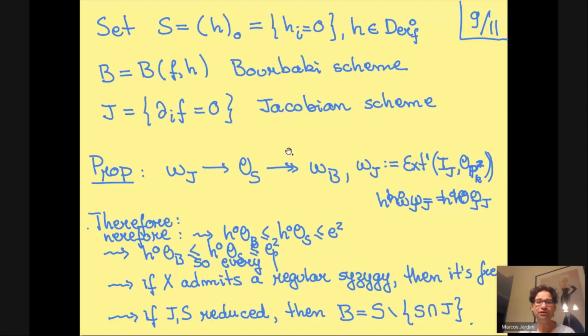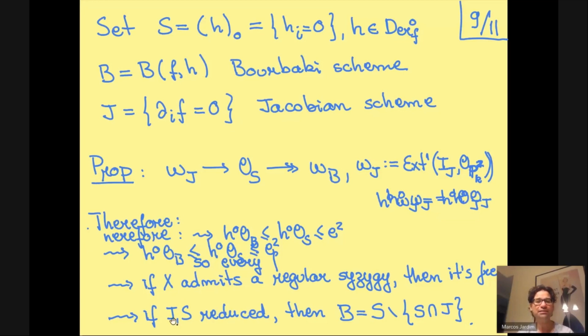And from this formula here, since B is always contained in S, this means that if the curve admits a regular syzygy, a syzygy for which H 0, 1, and 2 form a regular sequence, then it's got to be free. So this is one characterization of a free curve: if it admits a syzygy with no common zeros.